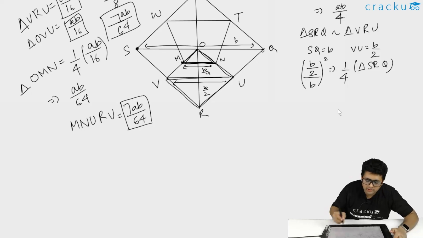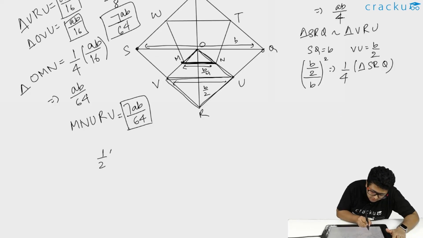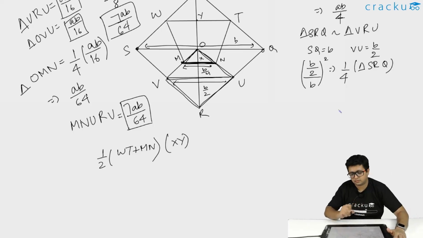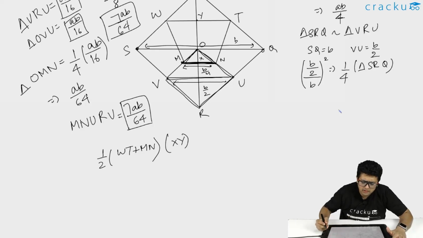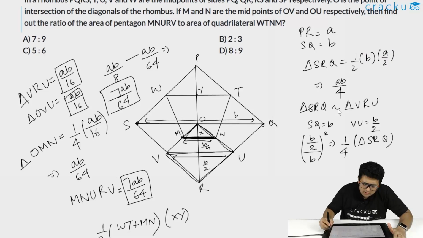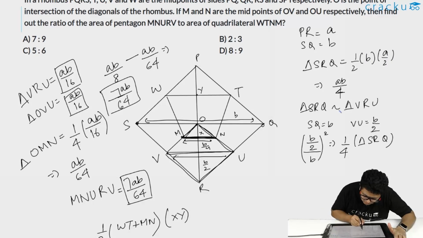Right, now we need to find the area of the trapezium WTMN. So writing down the formula for a trapezium: half into the sum of parallel sides, which is WT plus MN, into the height. So let's say this is X and this is Y. So it will be XY. Similarly, what we did with the horizontal diagonal, we can do with the vertical diagonal to find the area. Since this is B by 4, we know MN.